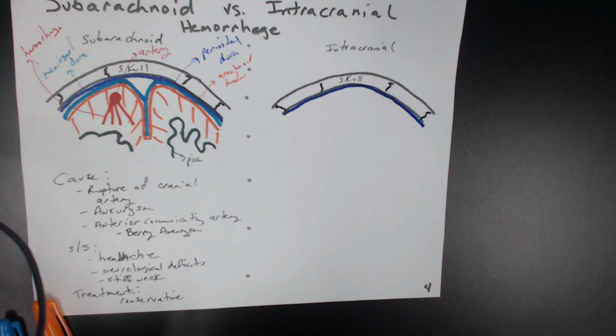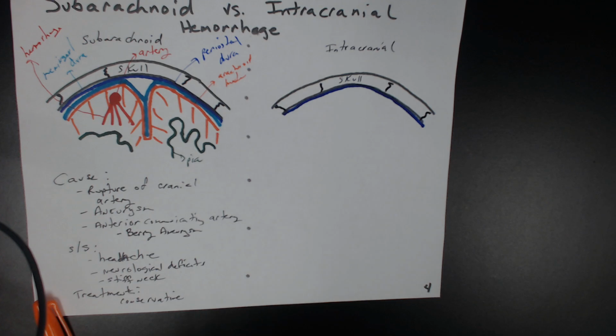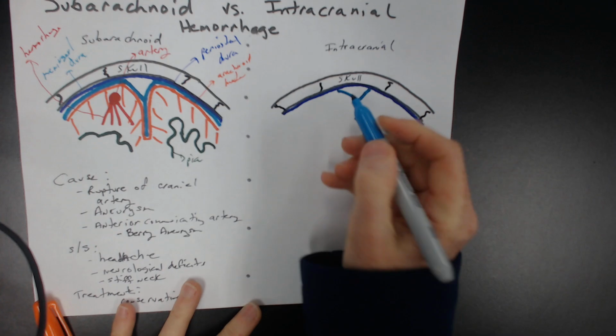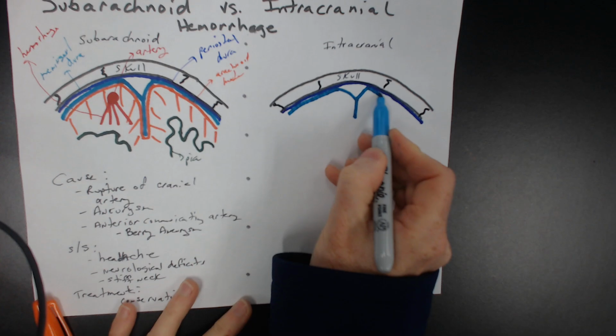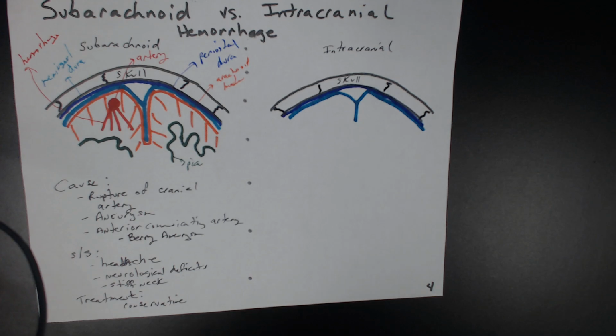And then underneath that you have your meningeal dura. These are all going to be intact. No changes there. And then underneath that you have your arachnoid mater.